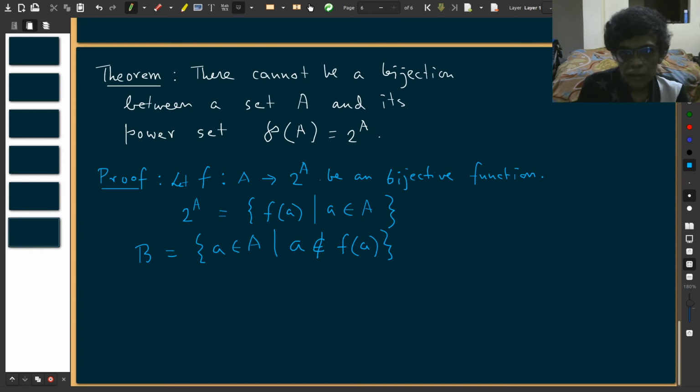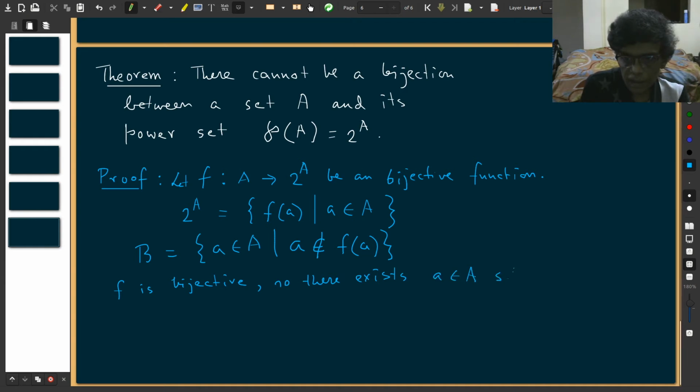But since we assume that f is bijective, and in particular surjective, there exists some a in A such that B is f of a. Right. Now let us see what contradiction this leads us to.